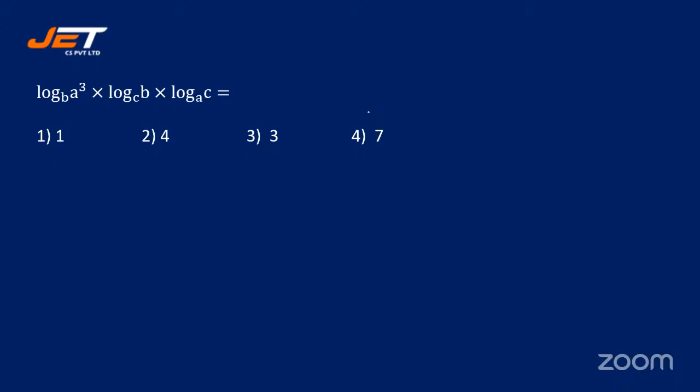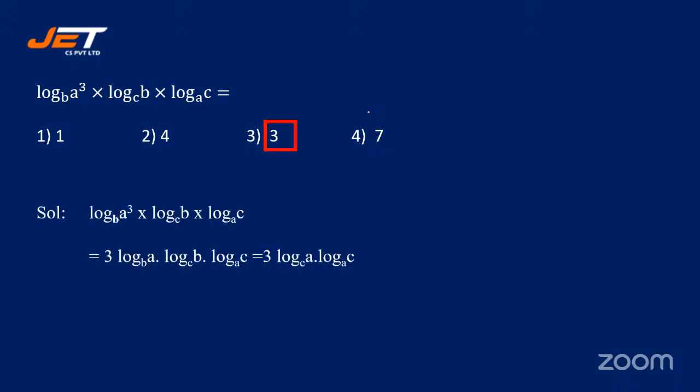Log a cube base b into log b base c into log c base a is equal to dash. Now, how do you write this? Quickly students, let's see the answer. It is 3 log a base b into log b base c into log c base a.